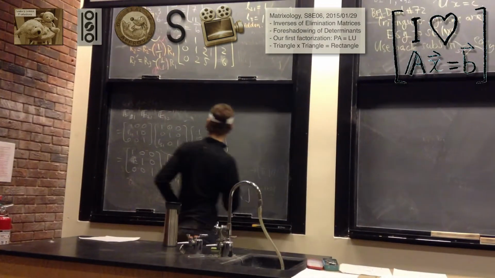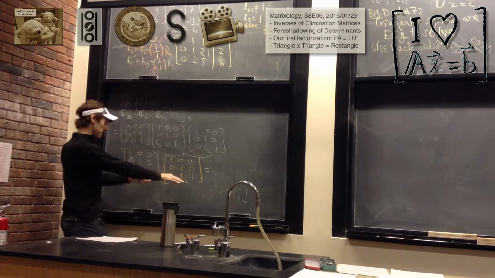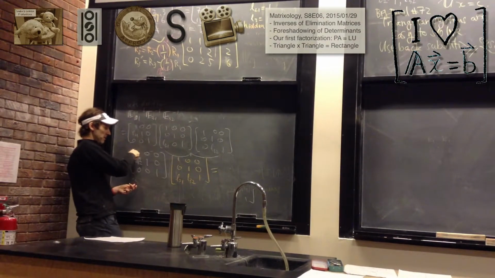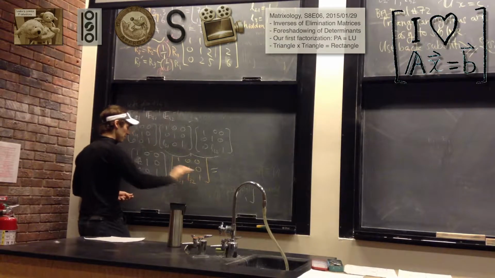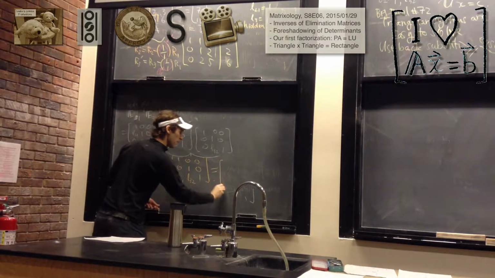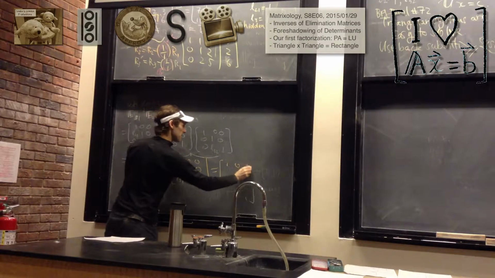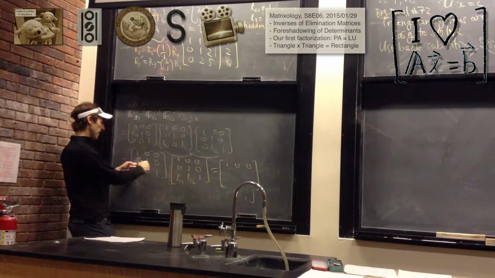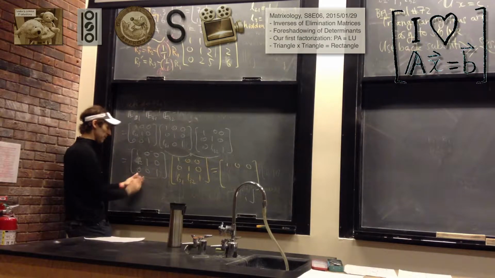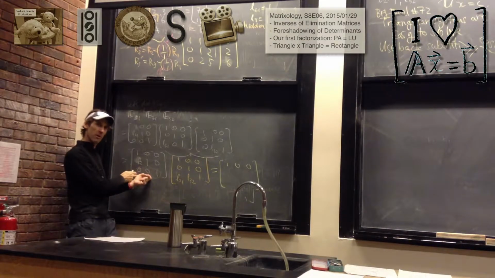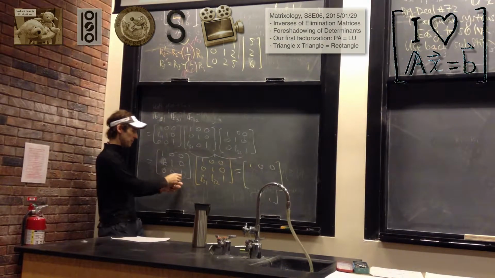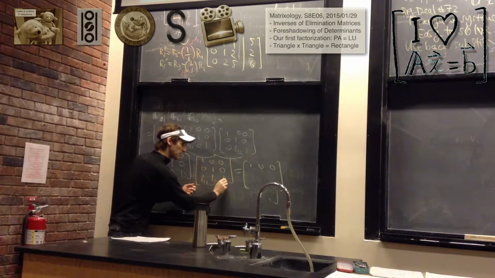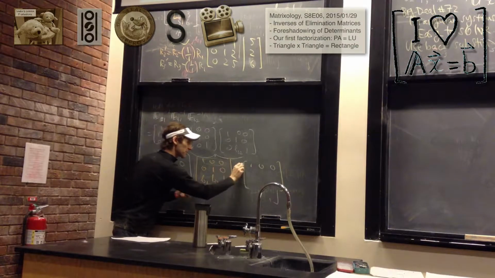Let's do one more. Now we're going to multiply these guys together. Again, this says I just want the first row. Just take the first row, 0 of the next one, 0 of the next one. Like that. So the first row is just 1, 0, 0. This one says, well, let's look at the bottom one. What does this say? It says 0 of the first row, 0 of the second row, 1 of the last row. So just don't change it, right? This is an identity matrix piece here. So just this row gets copied straight across. This row gets copied straight across.